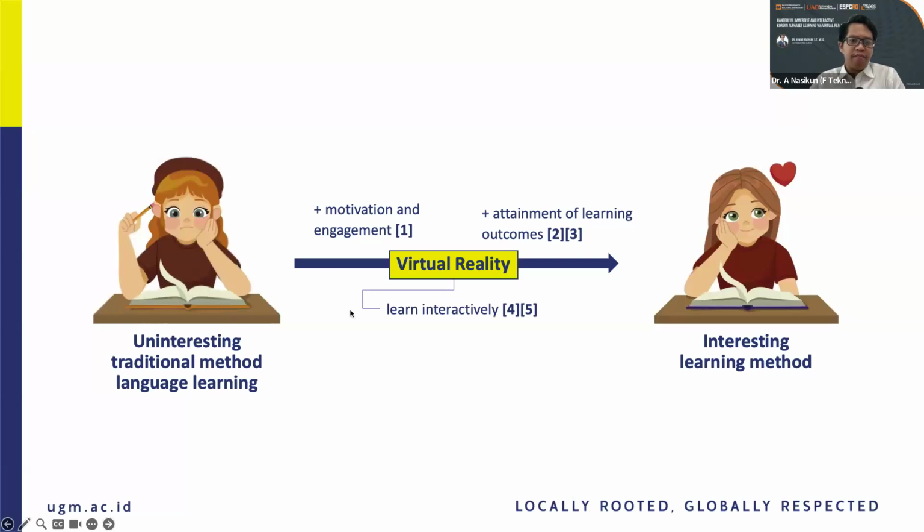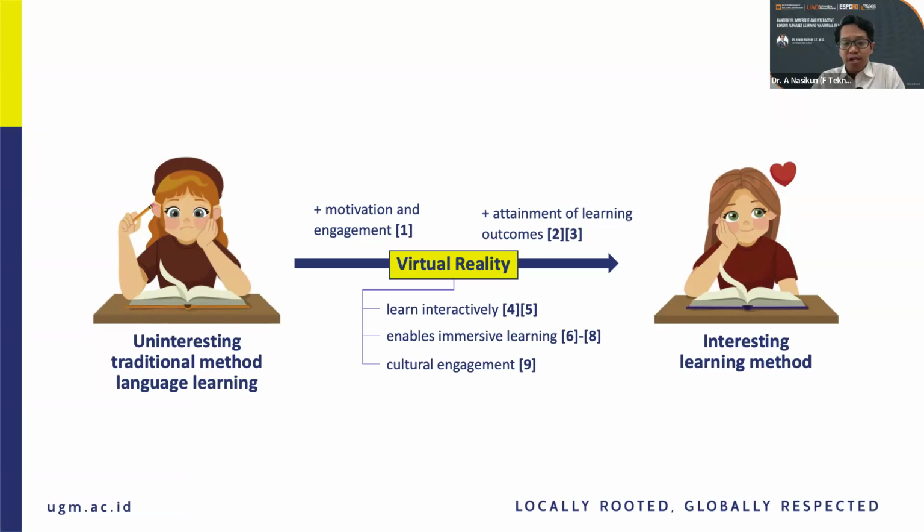And moreover, students can learn more interactively using virtual reality, and it enables them to learn more immersively. Additionally, virtual reality also allows students to learn not only the language, but also the cultural engagements.